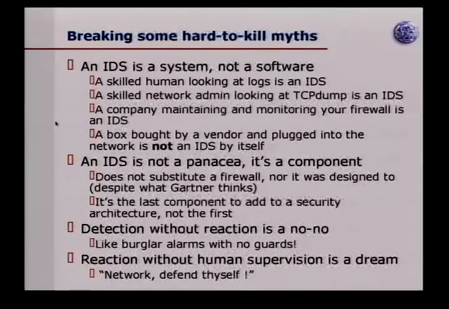Some years ago, a couple of years ago, Gartner produced a report where they said money slated for intrusion detection should be better spent on firewalls. Yeah. That means a couple of things. First thing, money slated for Gartner reports will be better spent on firewalls.